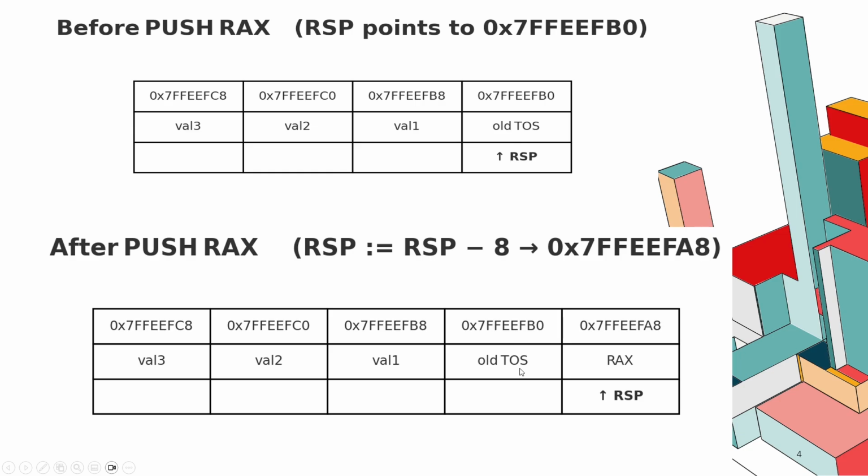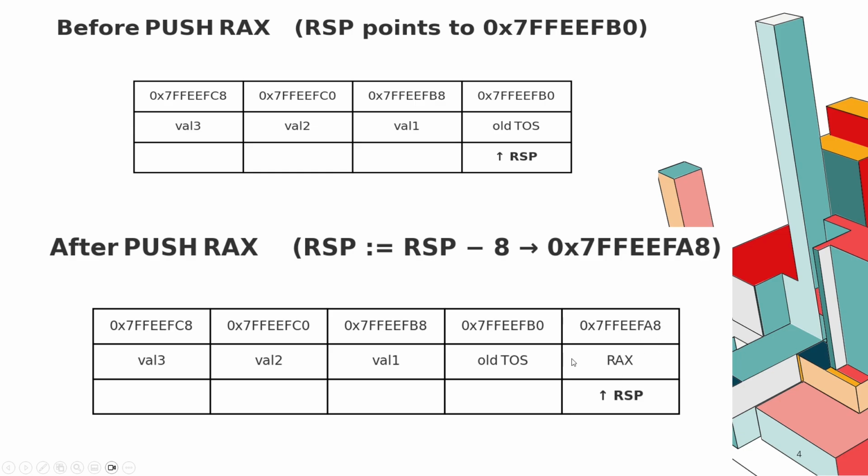You can see our old top of stack value is still at its current position here, but the RSP stack pointer has been decremented, and the new value that we pushed, the RAX register value, is now here at this address ending with A8.